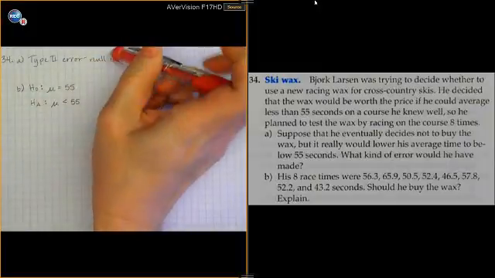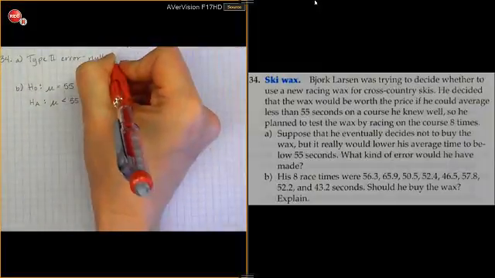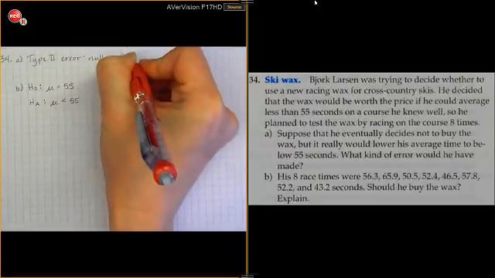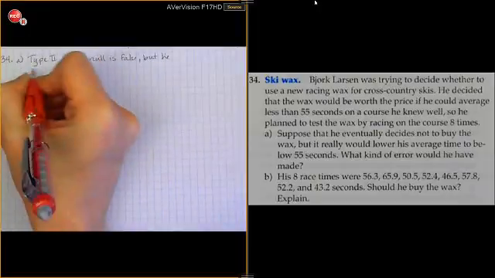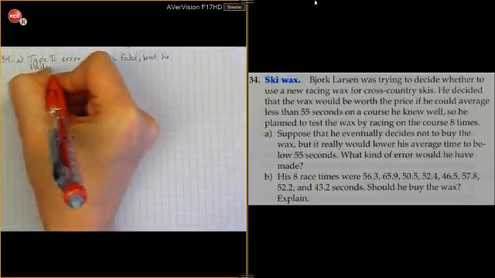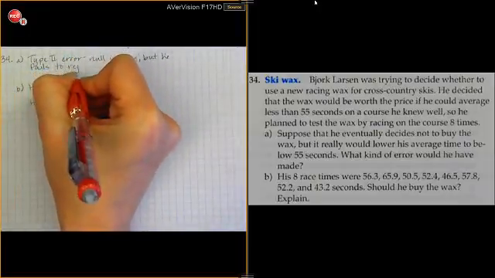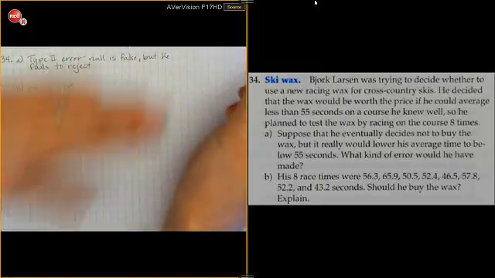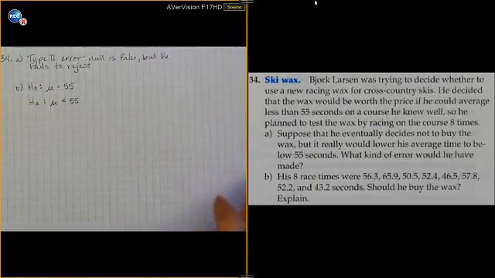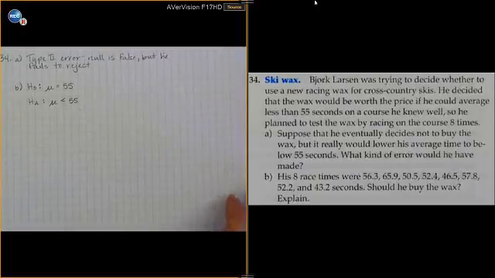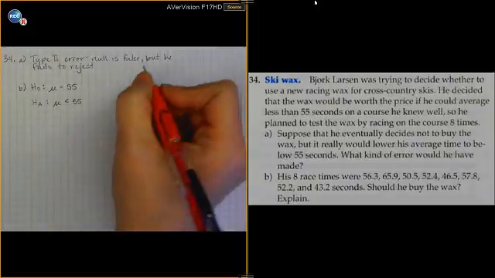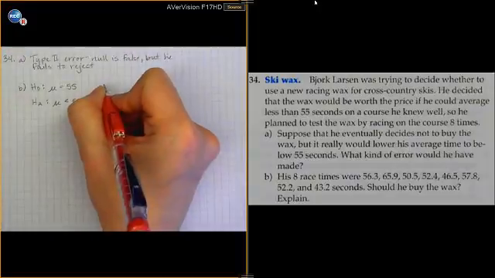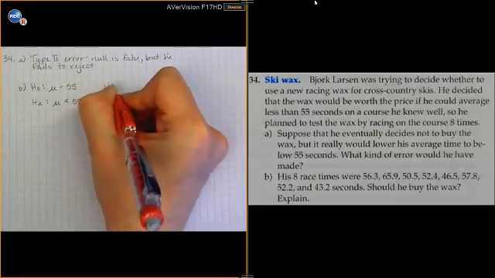So we have our hypotheses written for part B. We're going to run through the entire hypothesis test here. As I mentioned before, this is not a random sample, but we can assume reasonably representative of his races.